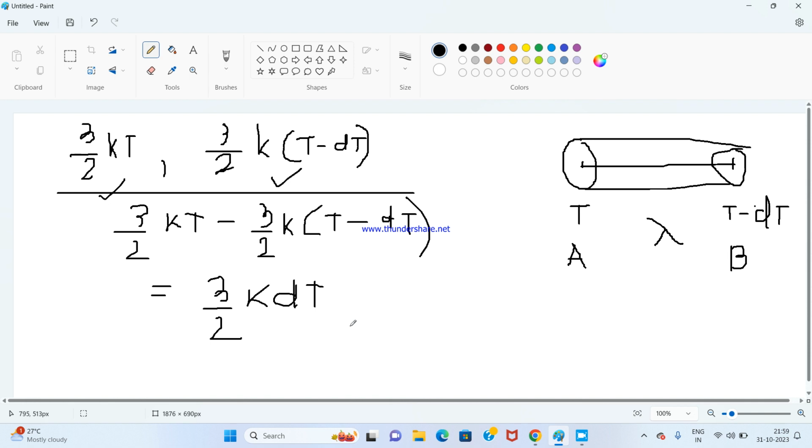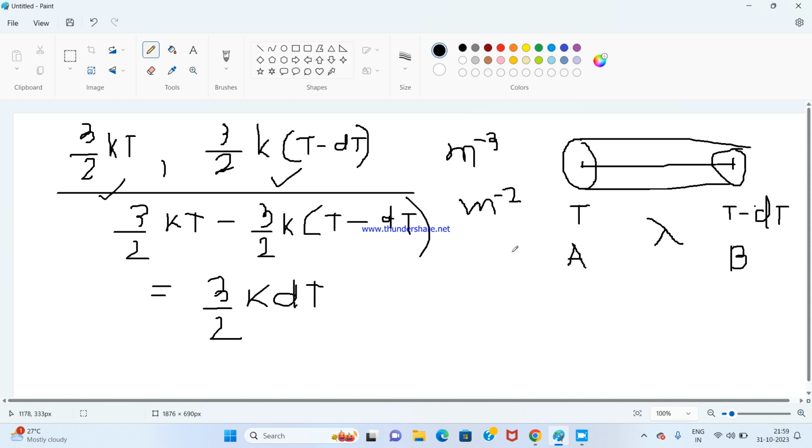Now this energy is per unit volume, and once we are talking about the conductivity, it will come as per cross section. If you call it unit volume, the dimension is m to the power minus 3, and unit cross section means m to the power minus 2.